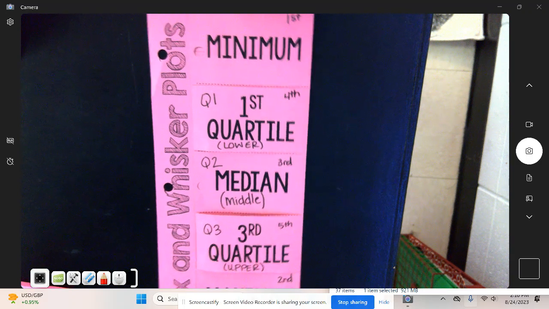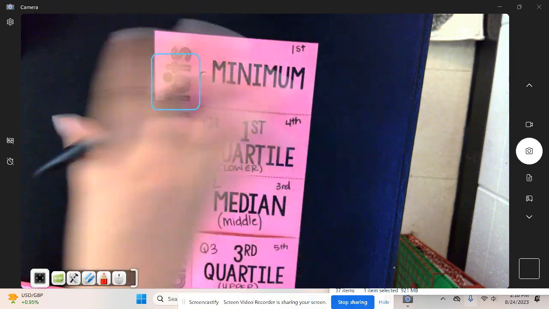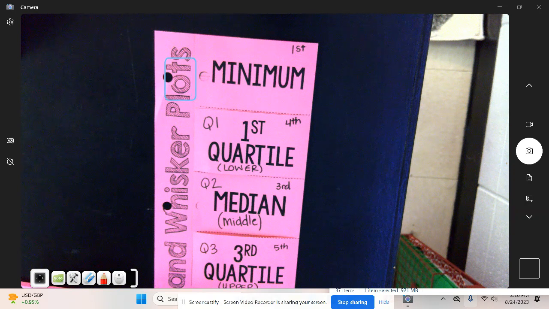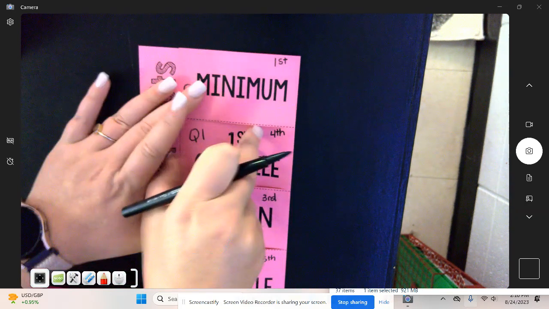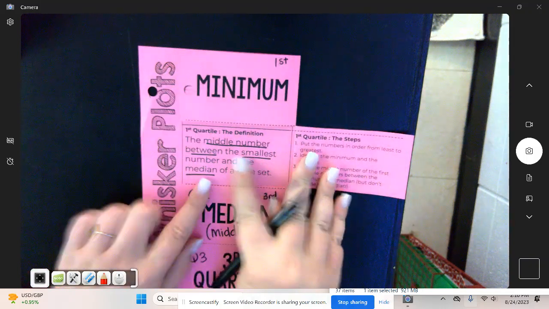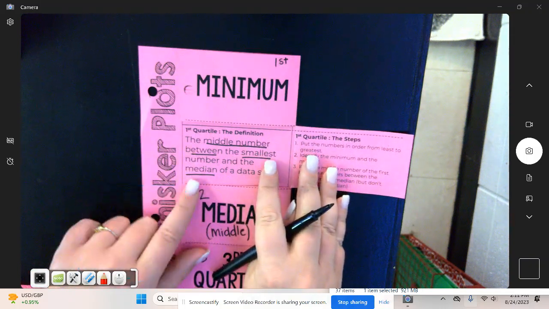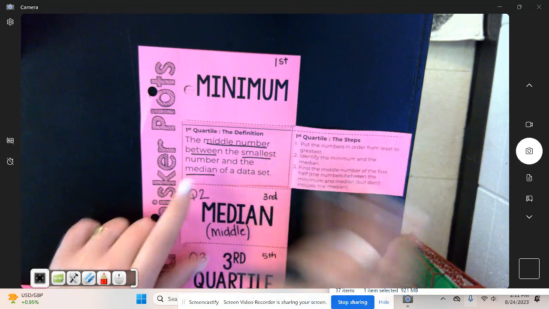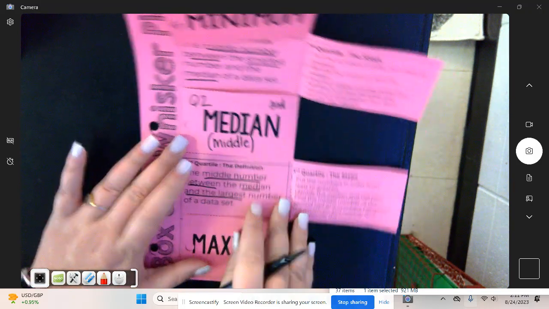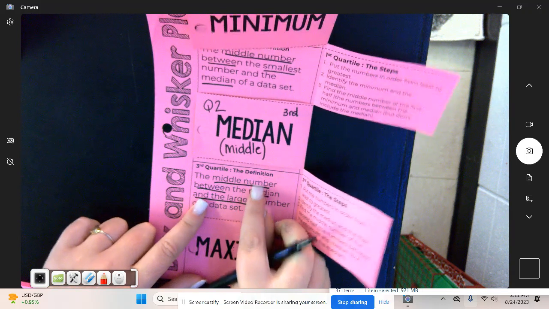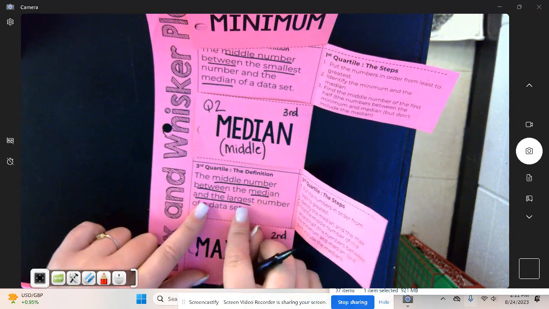All right. Does everybody have that? All right. So Q1 is the middle number between the smallest and the median. Q3 is the middle number between the median and the largest.